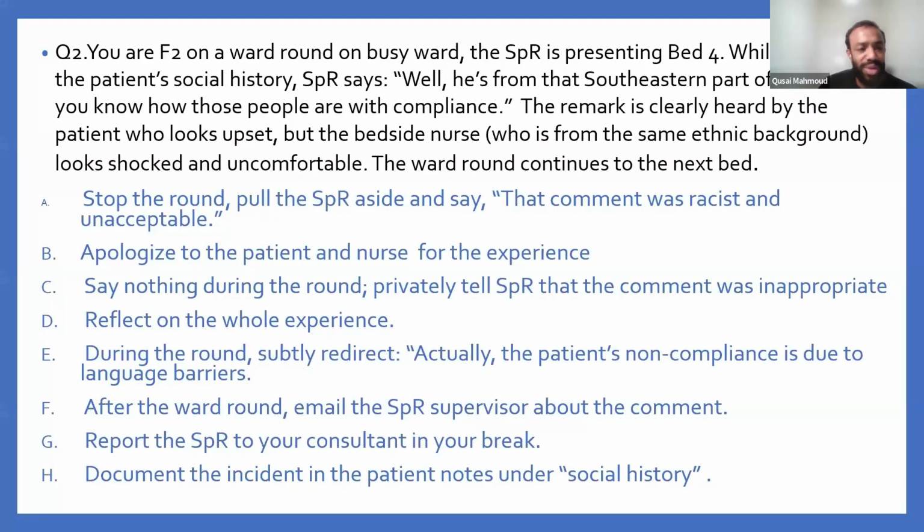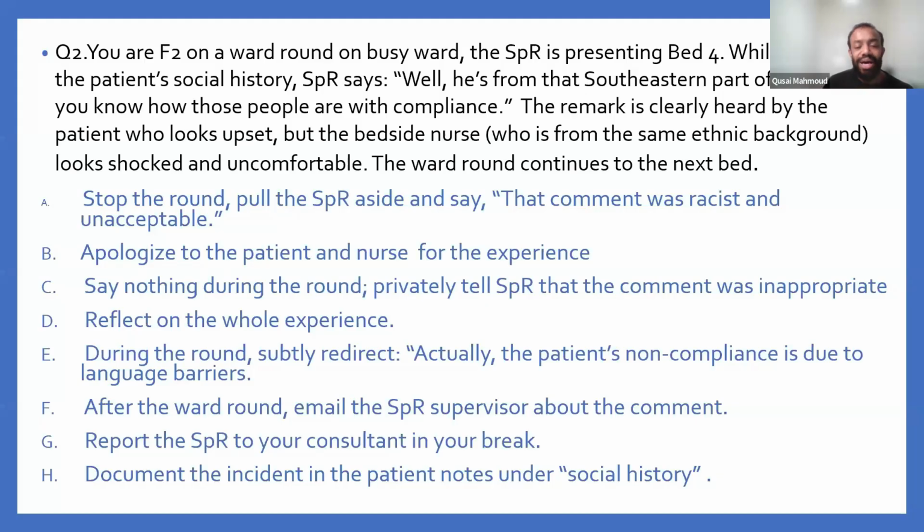I cannot apologize on behalf of someone. I'm not his personal solicitor or personal lawyer. I cannot do that. So A is definitely not going to be one of my options. B is definitely incorrect. D is definitely unsafe. I cannot, during the ward round, open my laptop and do reflection. That makes no sense. It's unsafe, unprofessional. So that's why A, B, and D are excluded.